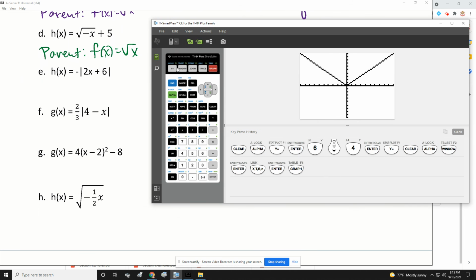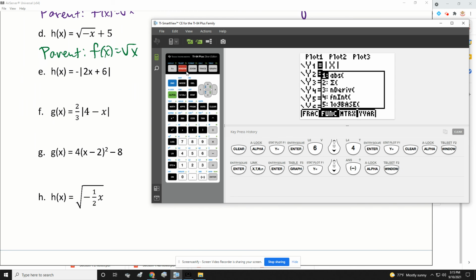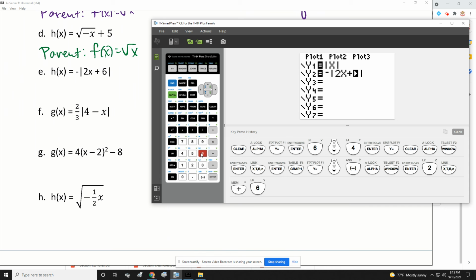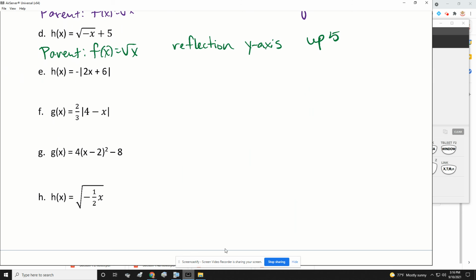But if we actually look at it, oh, and there's a reflection. It does have the reflection and the horizontal compression, so it gets skinnier, but it only shifts 3 to the left. And that's because of that 2. The 2 is affecting the shift.